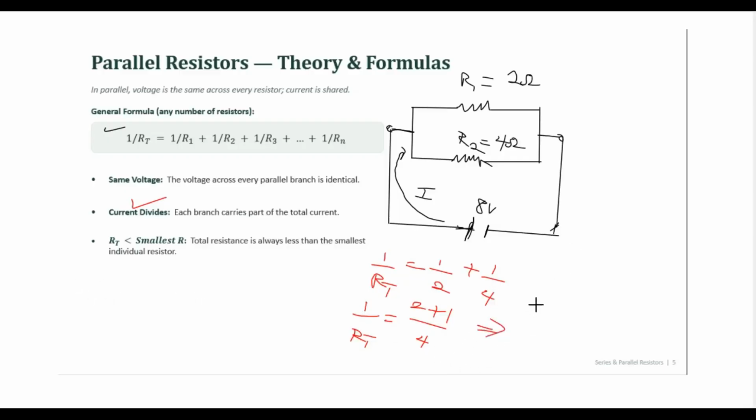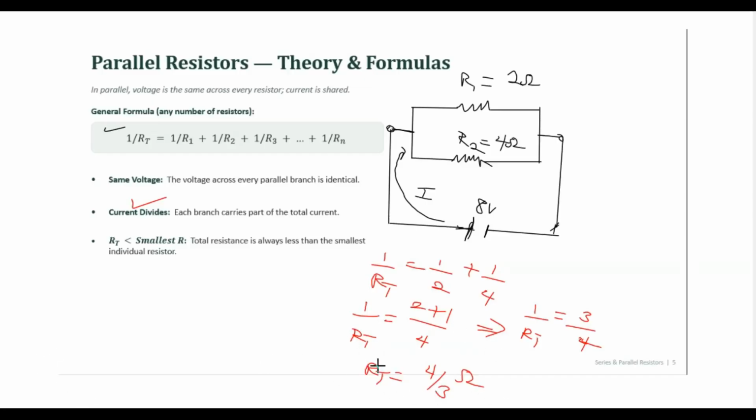This implies that 1 over RT is equal to 3 over 4, which means that RT is going to be equal to 4 over 3 ohms, right?